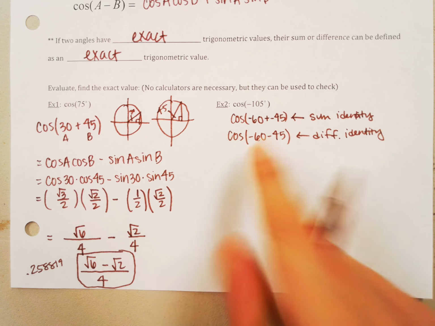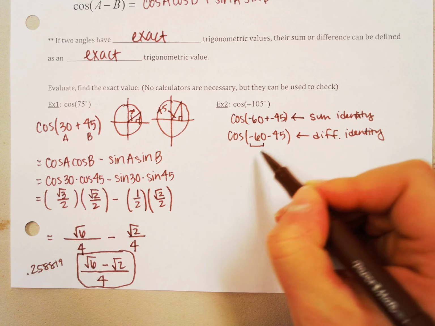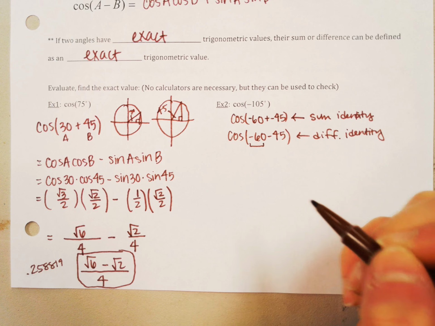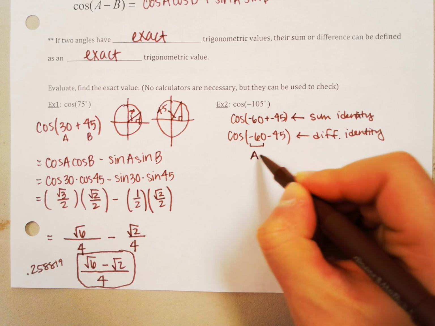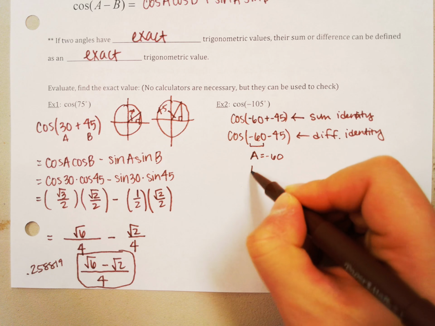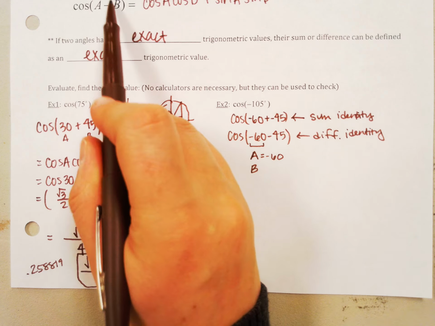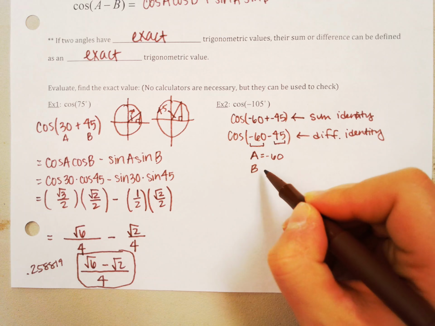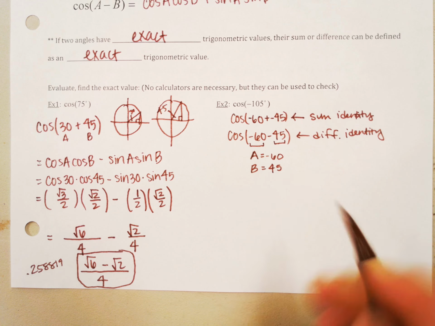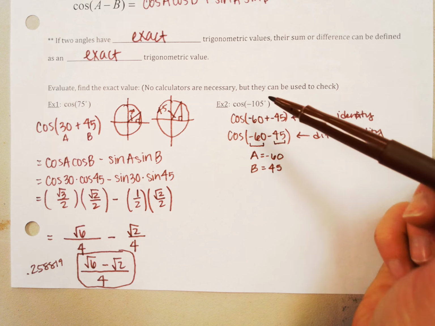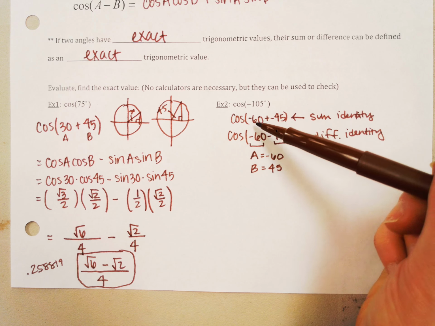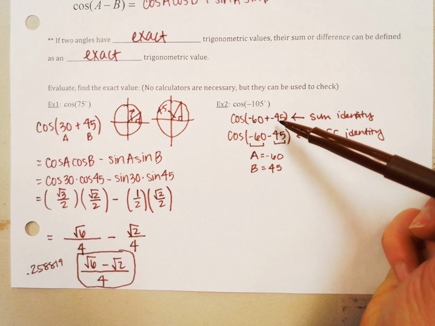Your A value would be negative 60 if you're going to use the difference, which I'm going to show you because it's a little bit harder in this case. And your B value, since you're subtracting, would be the 45 degrees. If you used the sum identity, your A value would be negative 60 and your B value would be negative 45.